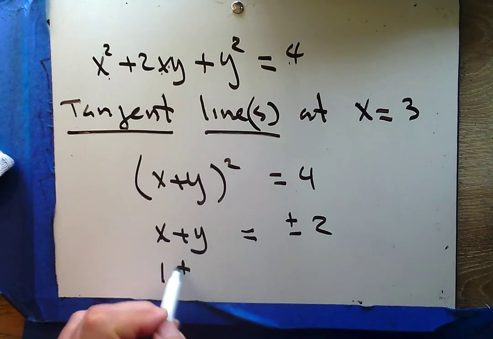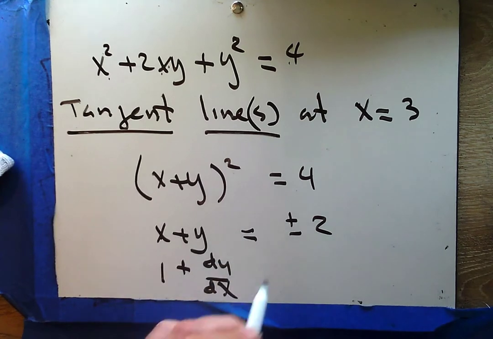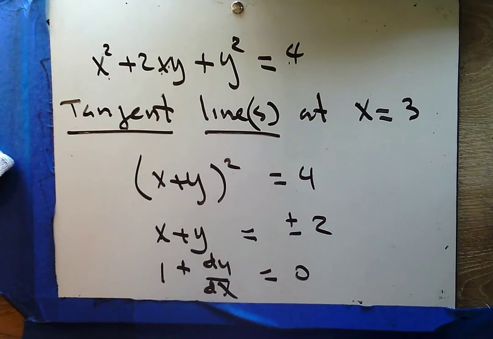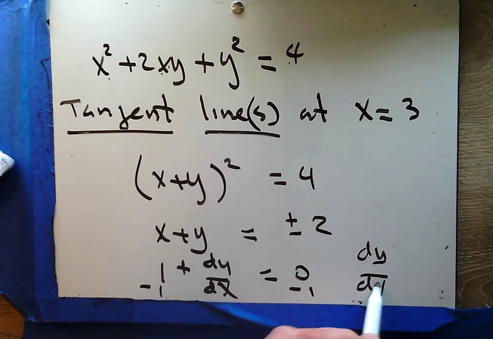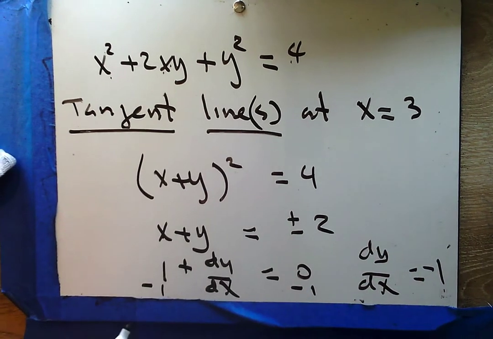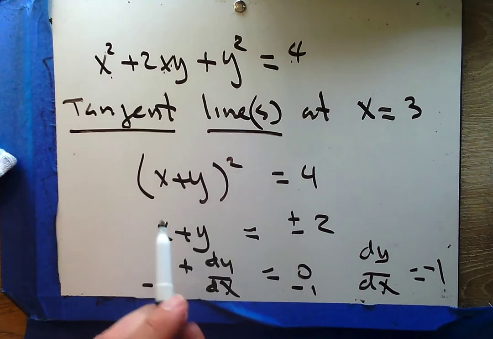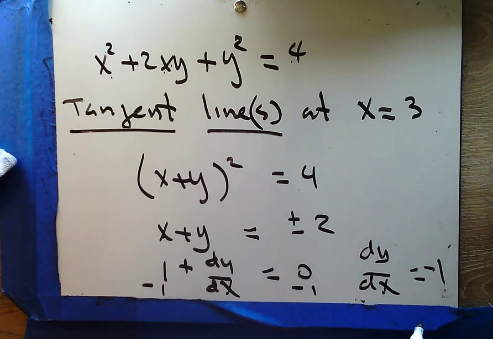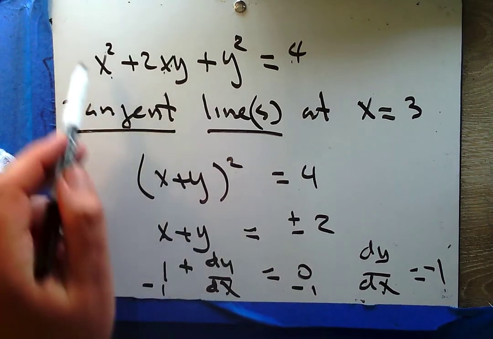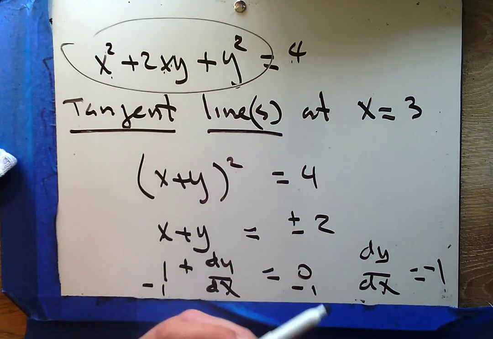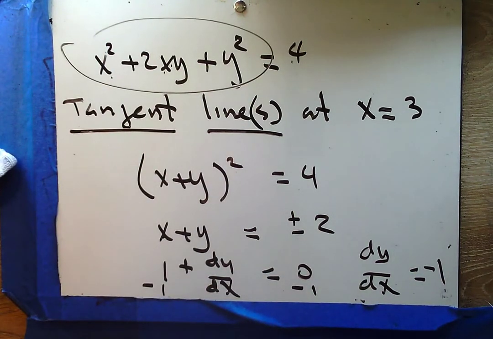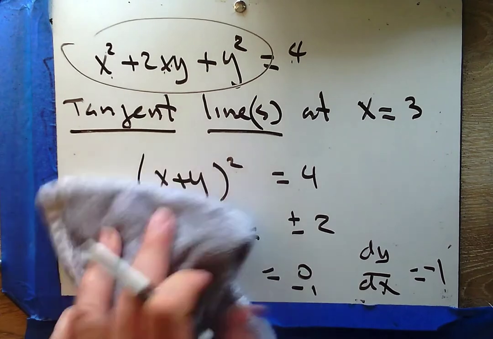The derivative of this is dy dx. And the derivative of this is 0. And so I subtract 1 from both sides. I get dy dx equals negative 1. Ta-da! Which is kind of interesting, because that means at any point on this, my slope is negative 1. It's a constant slope. It's very interesting.